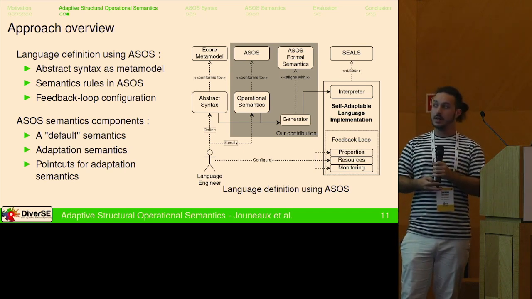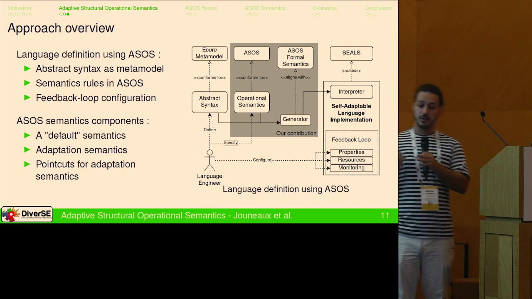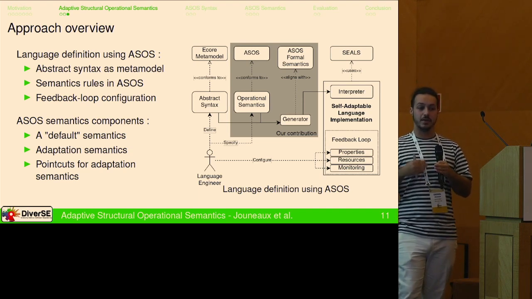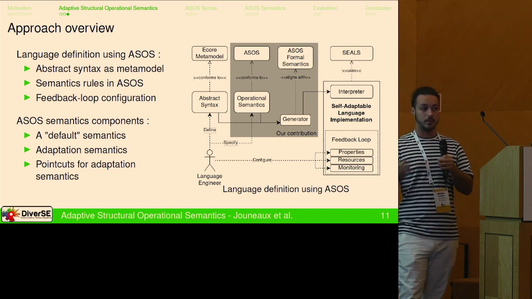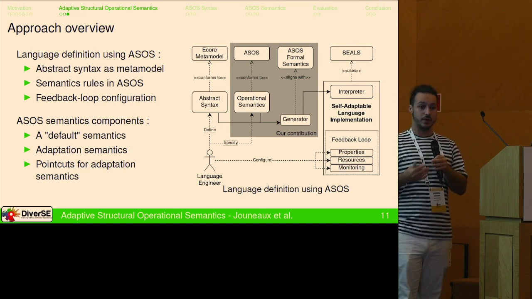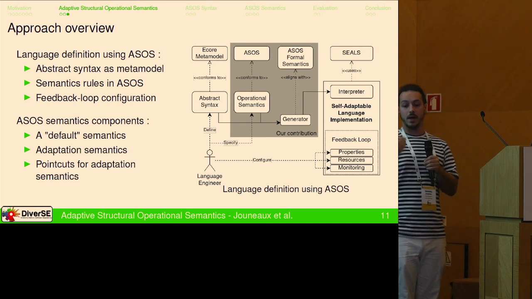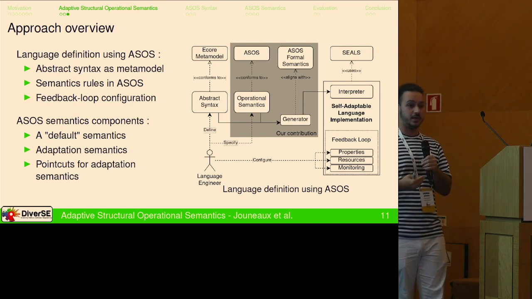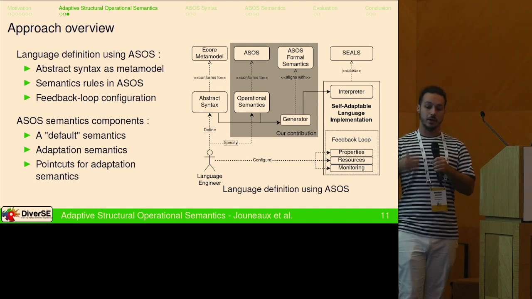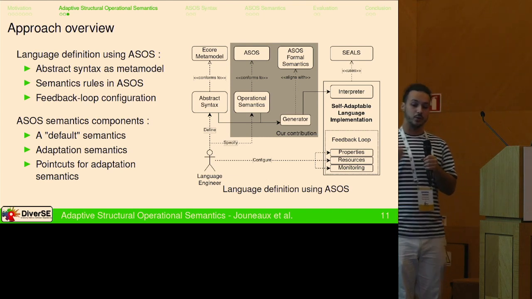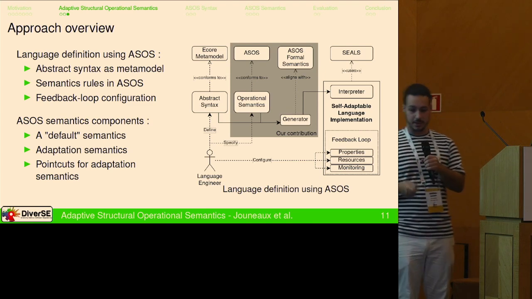And basically, the operational semantics that you encode with ASOS is defined as a default semantics, which is the usual semantics for your DSL, adaptation semantics, which are additional rules to adapt this default behavior, and pointcuts to express when and where to weave this adaptation semantics.